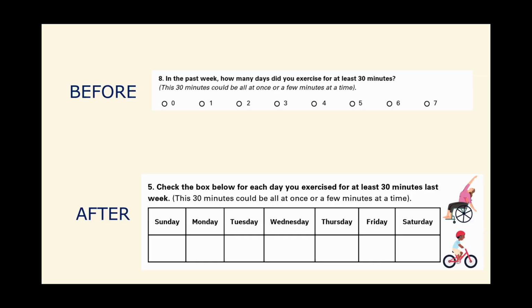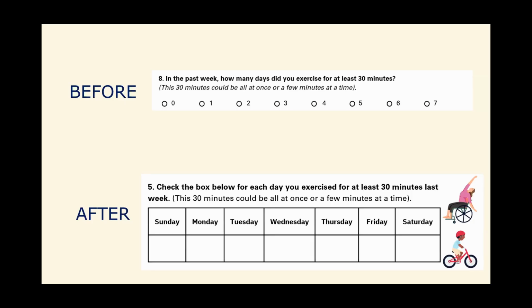However, you can think back to what last week looked like, or you can think about what your schedule normally is and what that typically looks like, and you can mark the boxes for which you typically get exercise. And I will say, while delivering the evaluations, I could see how this changed the ability to respond or the engagement with the question.